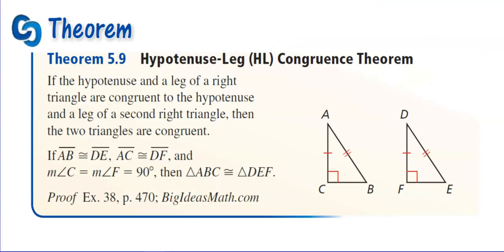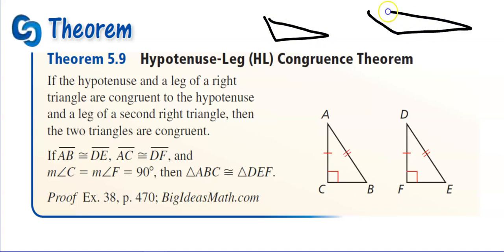Hypotenuse leg. So right here, we've talked about before that we cannot do this. If I have these two triangles, and I have this angle here, this angle here, this side and this side, and this side and this side, that does not work with SAS because that is ASS or SSA.